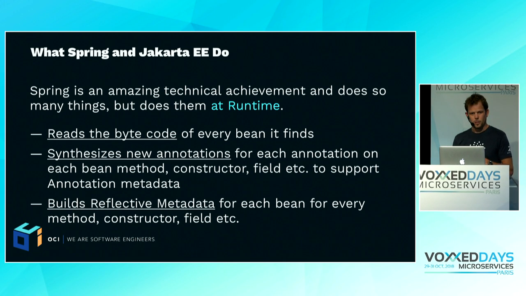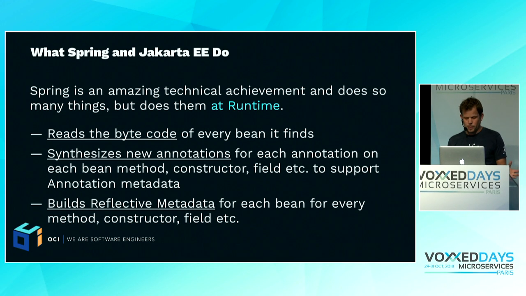If you look at the Spring source code, it reads the bytecode of every class, every bean in your application context, because it needs to know the annotation metadata. So it reads this annotation metadata directly from your .class files, and it synthesizes new annotations which are like a mirror of the actual annotations for each bean, constructor, field to support this annotation metadata.